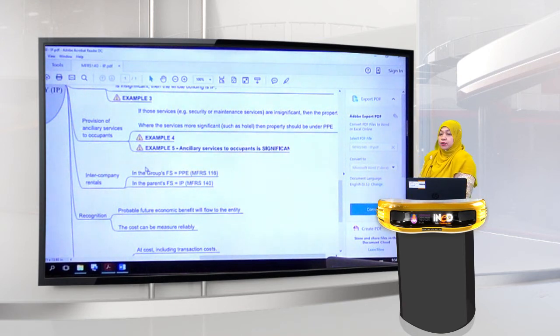Intercompany rentals is a situation where there is a parent-subsidiary relationship, right?